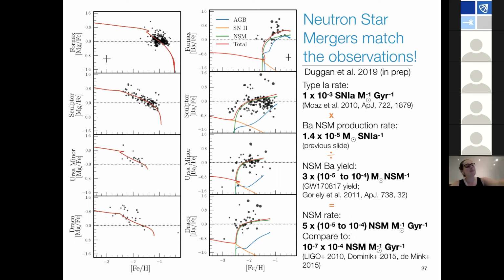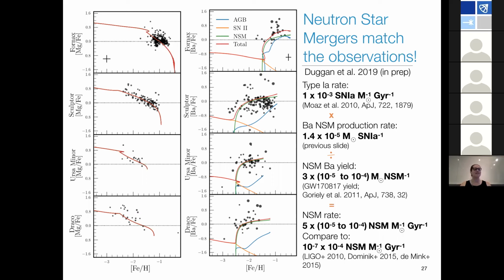You divide that by possible neutron star merger yields, so 3 times 10 to the minus 5 to 10 to the minus 4, then you would get this neutron star merger rate. So it would be approximately 5 times 10 to the minus 5 to 10 to the minus 4 neutron star mergers per stellar mass per gigayear.